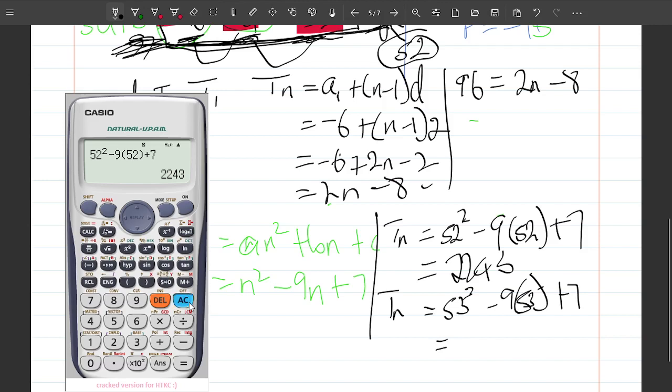That's just easy maths. 53 squared minus 9 times 53 plus 7, and booyah, that's just 2339. So 2339, and those are the two consecutive terms that will give me the 98.